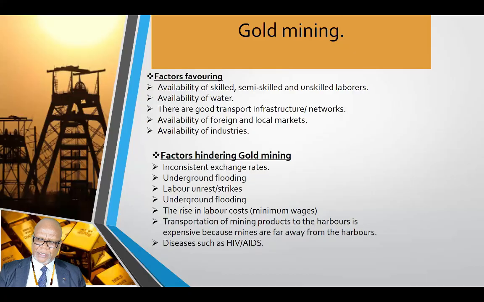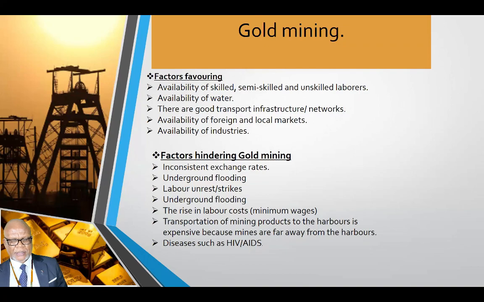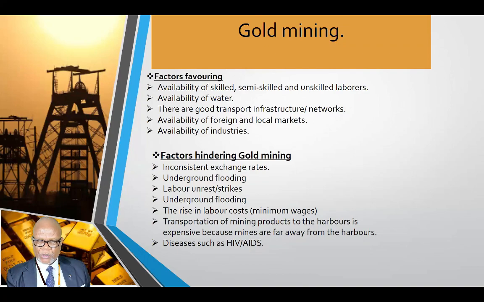Now, what are the factors that hinder industrial development? Number one, it's over concentration of industries. Because of over concentration of industries, this results in strain on natural resources. So these factors are related to each other. Over concentration of industries is going to result in strain on resources like water and electricity.